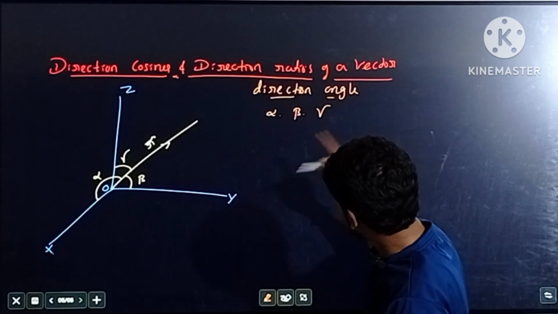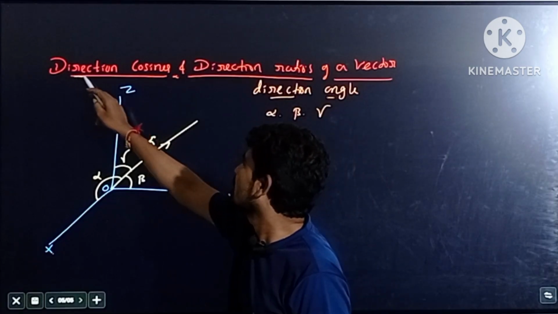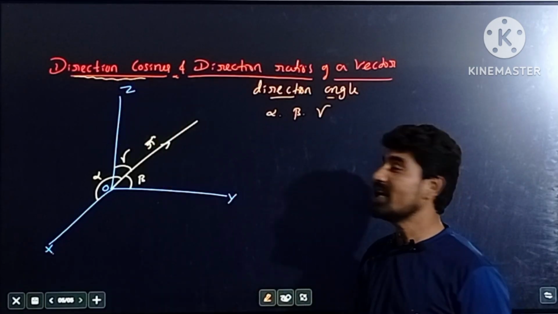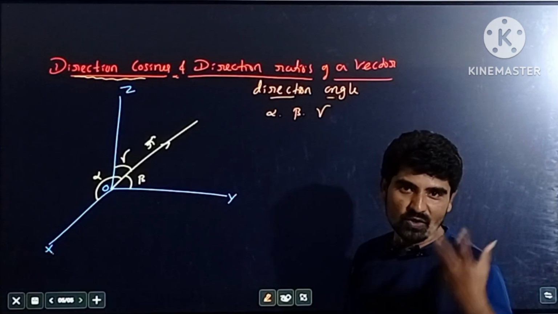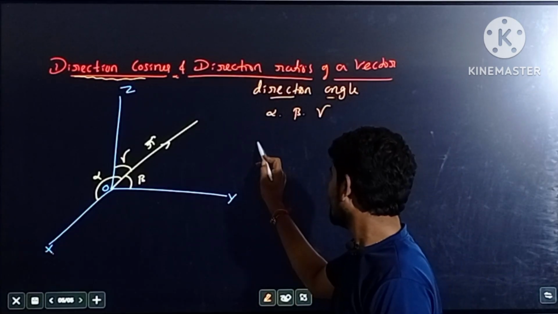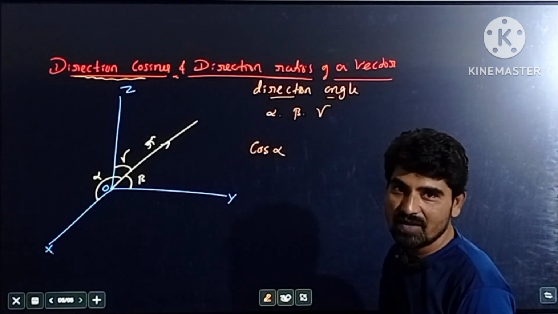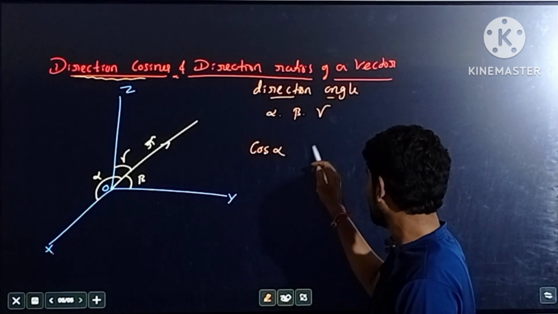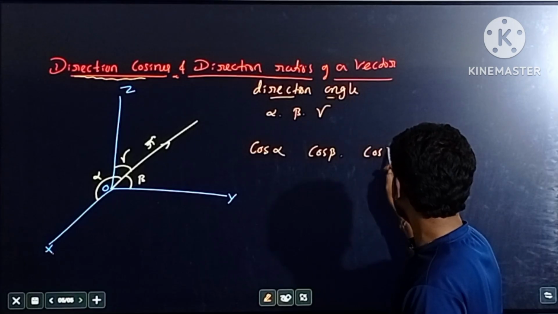And the cosines of these direction angles are called direction cosines. Cosine is one of the trigonometric ratios, so simply we call it cos. The cosine of alpha is cos alpha, the cosine of beta is cos beta, and the cosine of gamma is cos gamma.